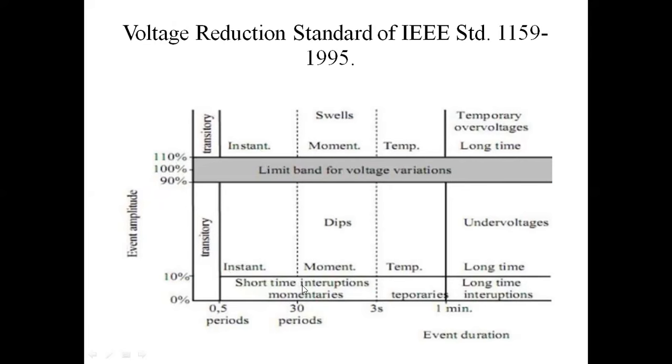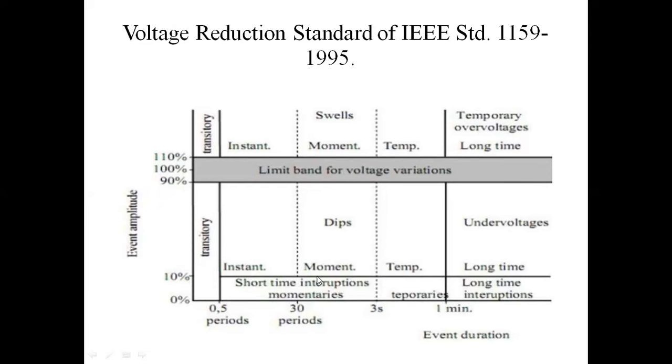Next, short interruption. Short interruption time means 0.5 cycles to 1 minute. This is called short time interruption. Next, long interruption means the voltage totally turns off for more than 1 minute. So 0.5 cycle to 1 minute is called short time interruption, and above 1 minute is called long time interruption.